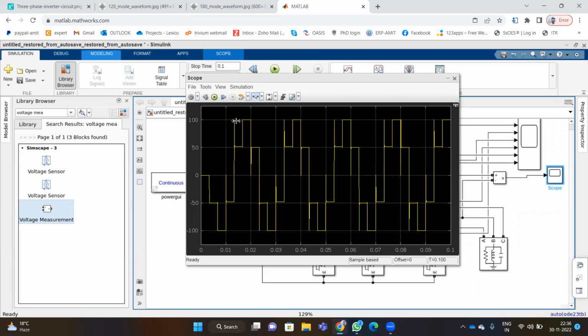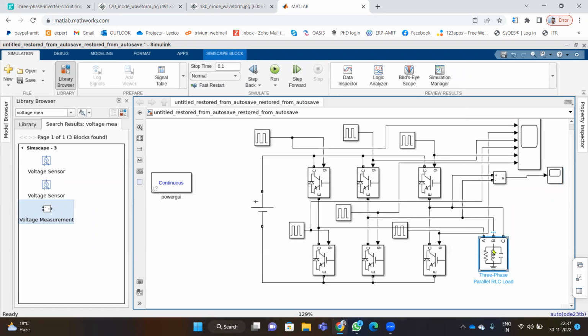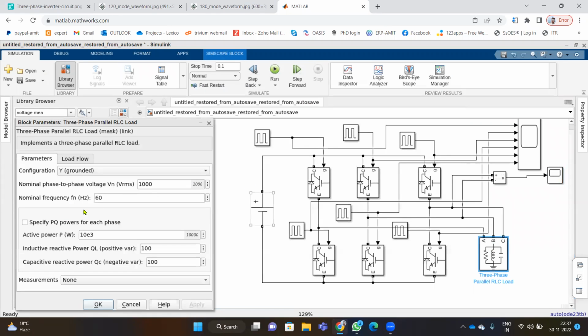So this is called a quasi-square waveform. If we have a pure resistive load, we won't be able to see this particular shape. So we can change to a resistive load by setting the frequency to 50 hertz, active power 100, reactive power 0, capacitive power 0.